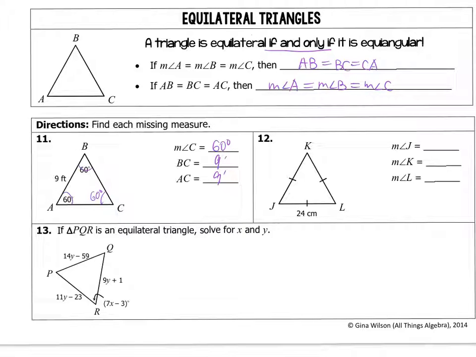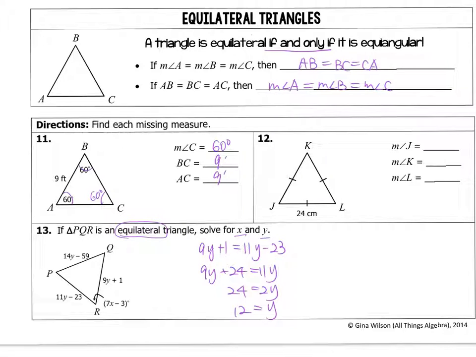I think the easiest thing to do is, you're asked to solve for x and y, but you're also given that it's equilateral, so it doesn't matter which side you use. I would do 9y plus 1. I like to take the smallest numbers possible to keep my life easy. And I should have 9y plus 24 equals 11y. So 24 should equal 2y, and y is 12.